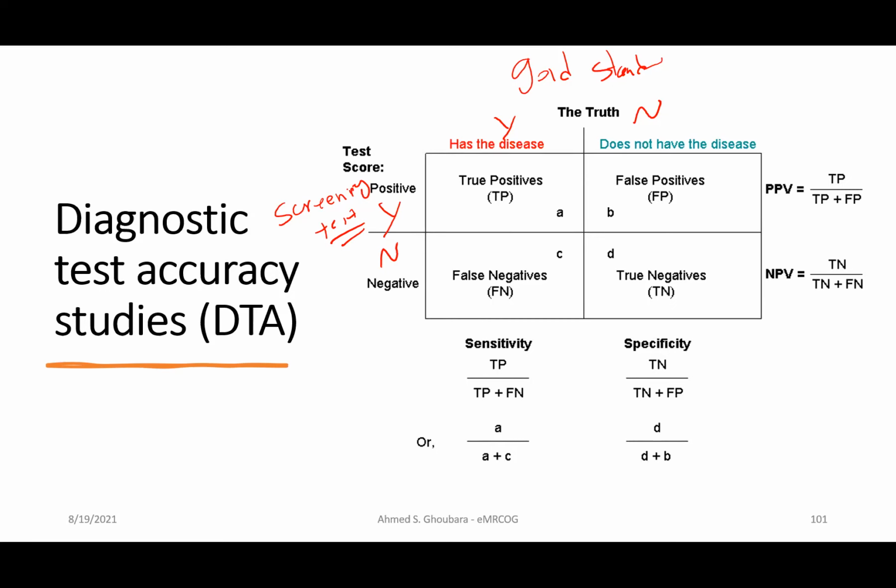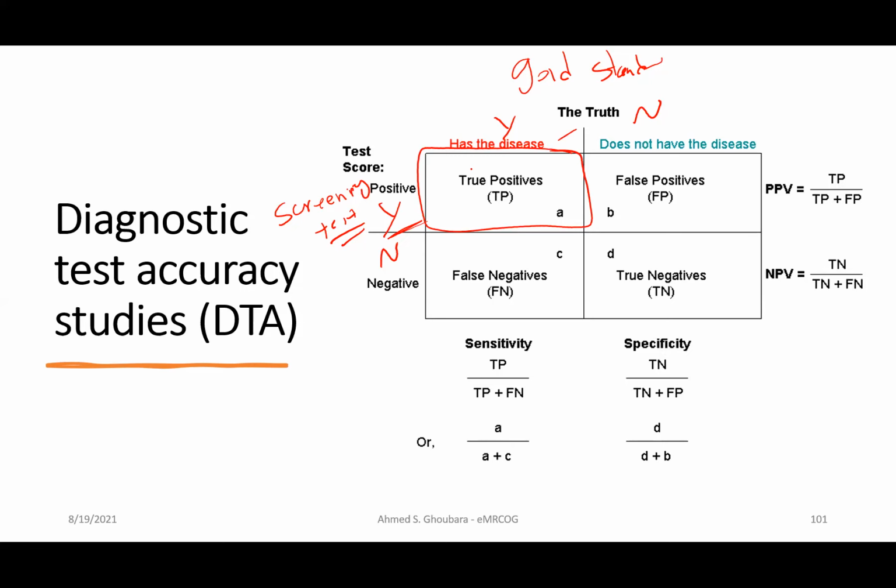Then you construct your table. Again, A, B, C, D, same order. In the first cell, this time, we have the true positive, or true positive disease, which means that the screening test was positive and those patients' histopathology was positive as well.